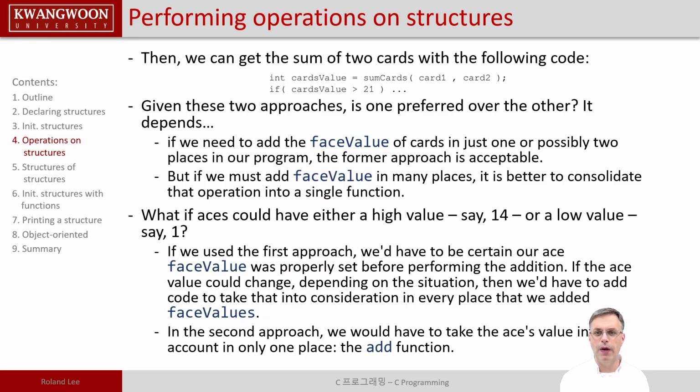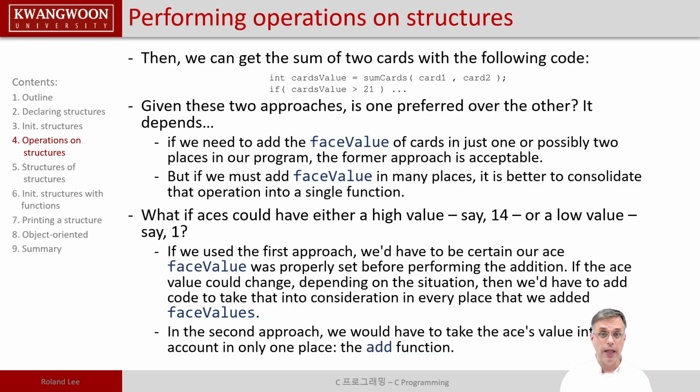Okay, so for example, what if aces could have either a high value, let's say 14, or a low value, let's say 1? If we use the former approach, we would have to be certain our ace face value was properly set before performing the addition.